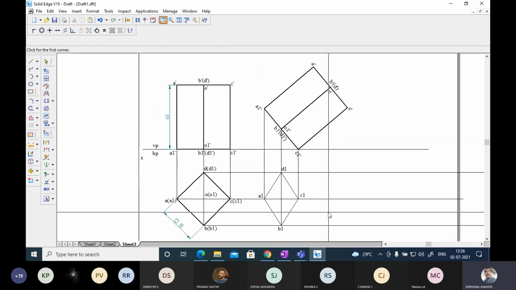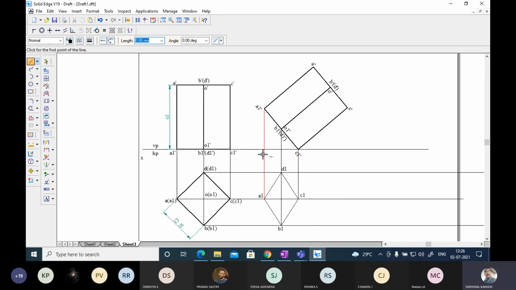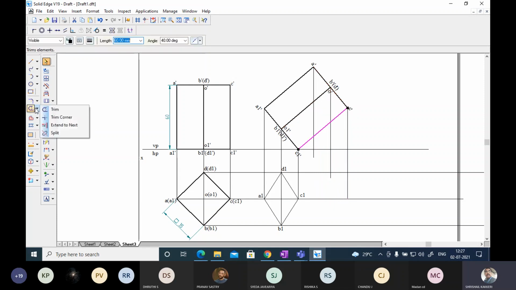Now, let me draw other line. From A, B, C, all these. Okay. From A, from B, from C and D. Okay. Let me draw all these lines.